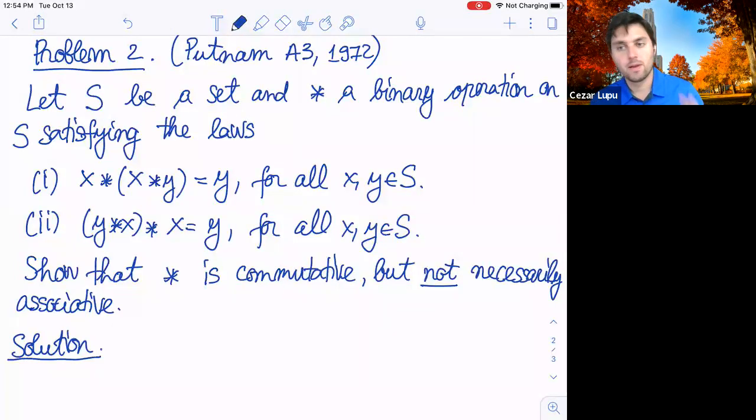Keep in mind, when you have a binary operation, you're allowed to look at X star Y and Y star X. You don't know it's commutative, you don't know associativity. Once you have these two laws, this will imply the commutativity, but other than that, you don't know anything else. So you have to try something.